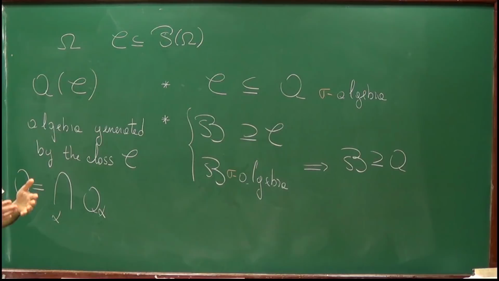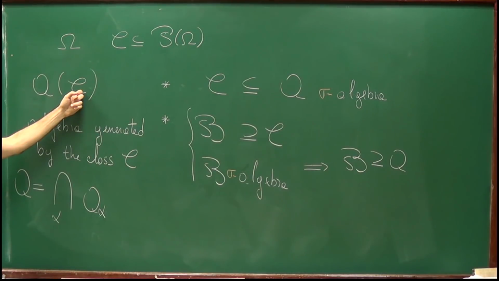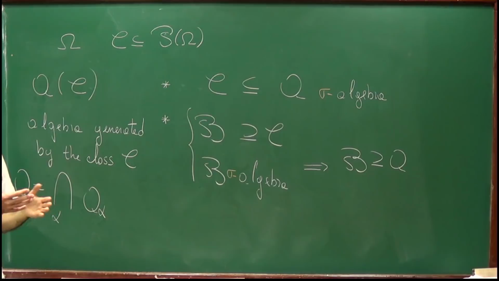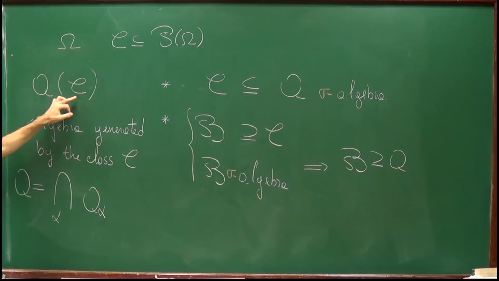We will show that all the sets which belong to the algebra generated by the semi-algebra can be written as finite unions of elements of the semi-algebra. So we have an explicit form for all elements of the algebra generated by a semi-algebra.